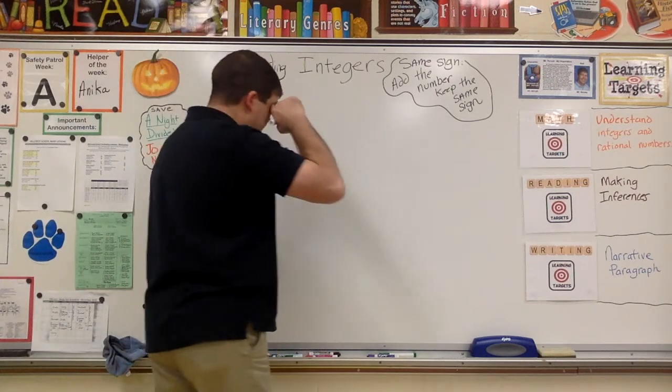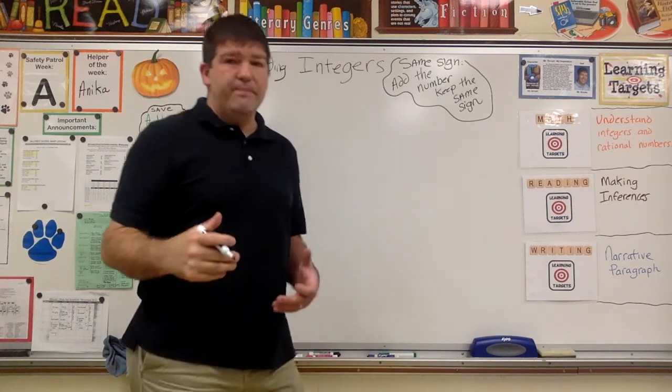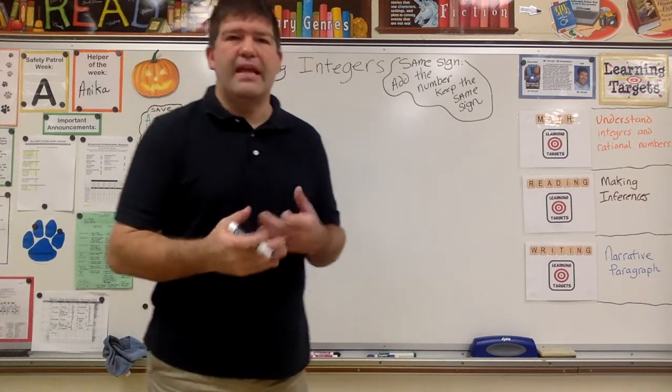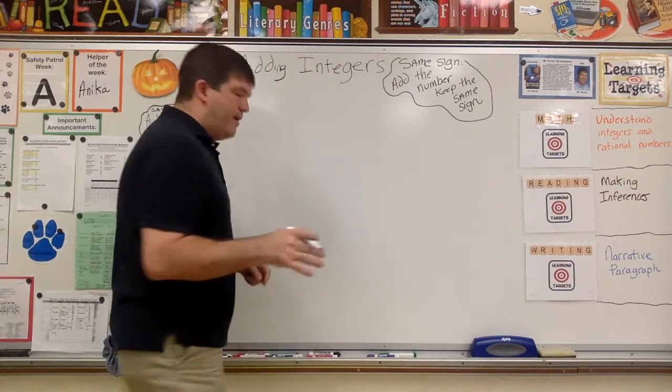What you do for different signs is you take the two numbers, subtract them, and keep the sign of the bigger number.